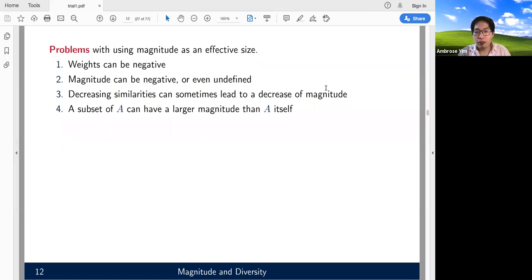And sometimes, if you subselect some bits of A and compute the magnitude of that, it can have a bigger magnitude than the entirety of A itself. Again, you shouldn't expect something smaller to have a bigger size than something that is bigger. So it's like the TARDIS. That doesn't happen in real life.